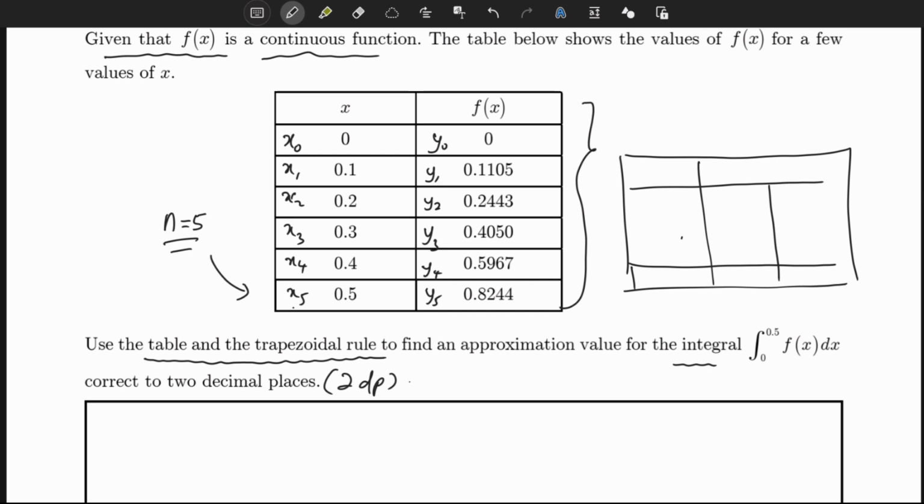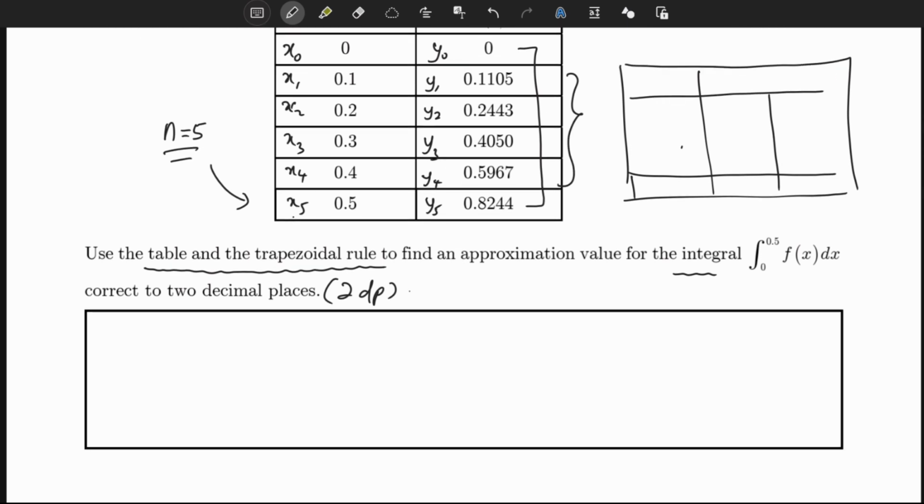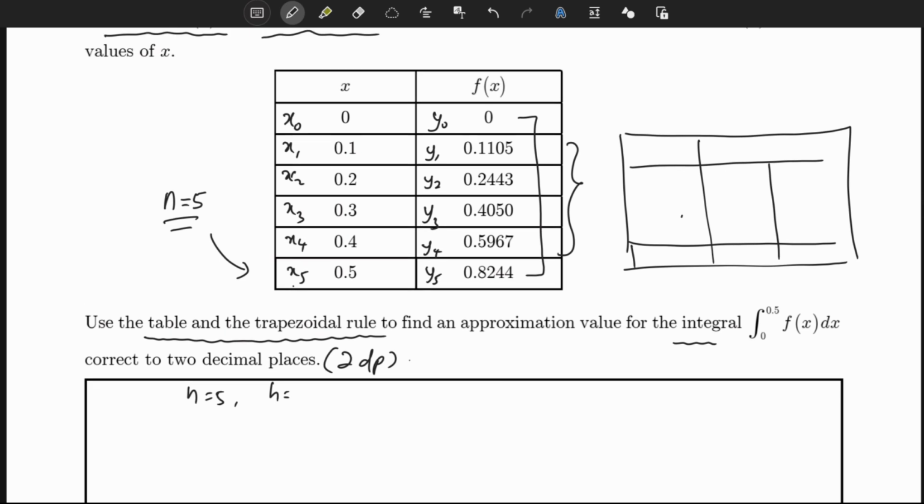The first and the last you need to add up, and then we have the intermediate values in between. So your n is 5, and h will be 0.5 minus 0, divided by 5, so we get 0.1.